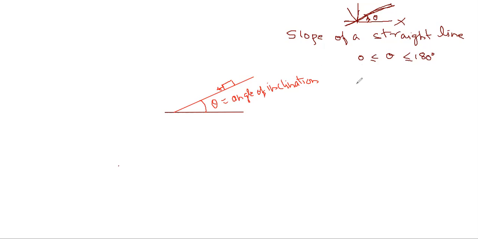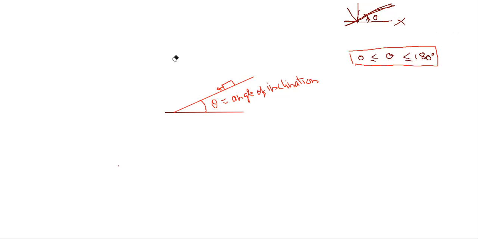And what is the slope? Slope of a straight line. Before that, this is the angle of inclination. Now we see what is slope or gradient of a line. The other name of slope, how much it is tilted, giving the slope.